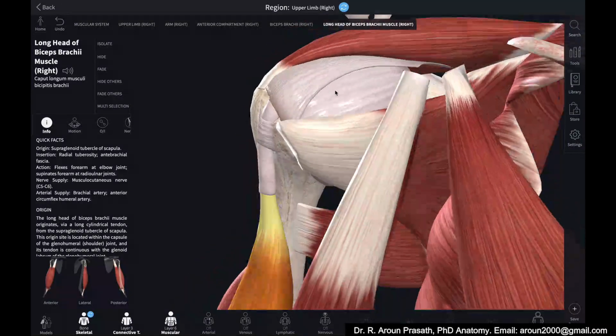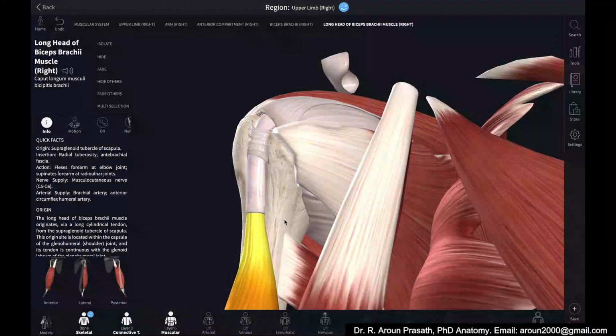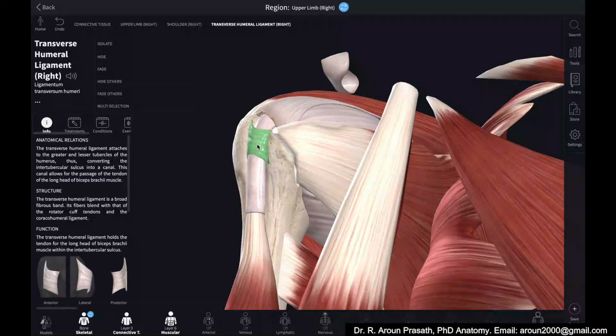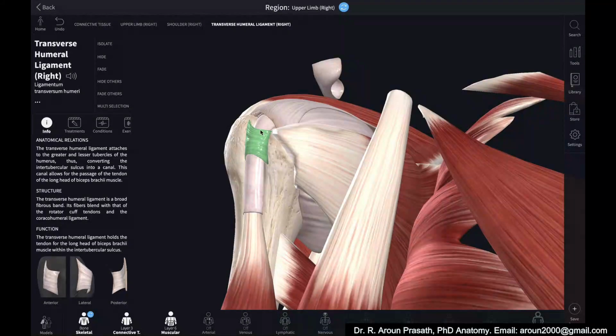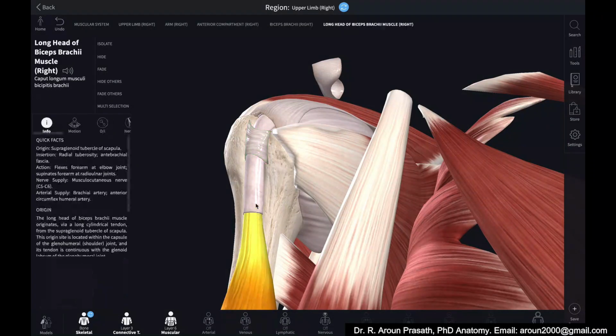We will discuss this in arthrology, I don't want to confuse this. Just know the importance of the bicipital groove, and there is a transverse humeral ligament that prevents the biceps tendon from coming out. So that's the importance of the bicipital groove of the upper end of the humerus.